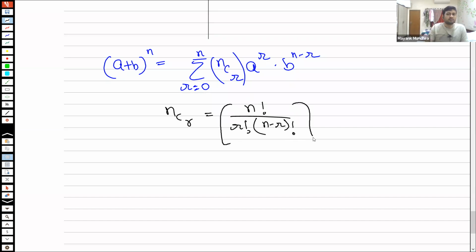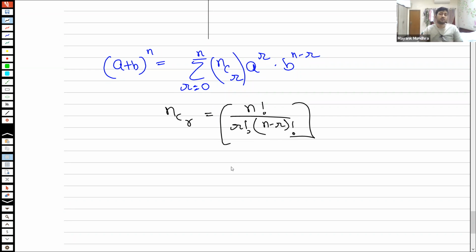Okay, so these are things from PNC. Maybe you've done it in school, maybe you've forgotten about it. We'll do it in slightly more detail when we reach permutations and combinations, but I don't want to delve into this right now.